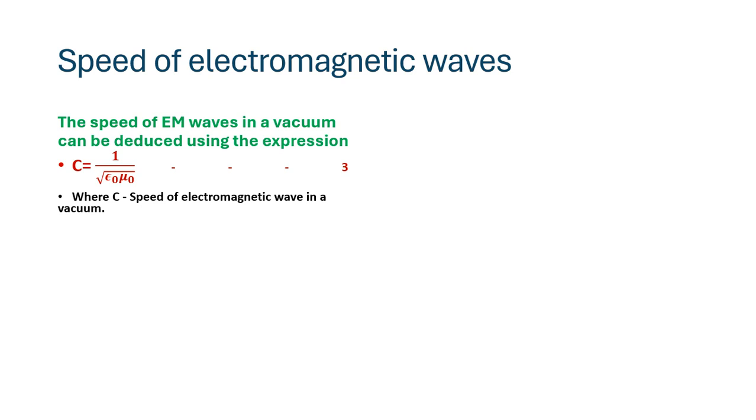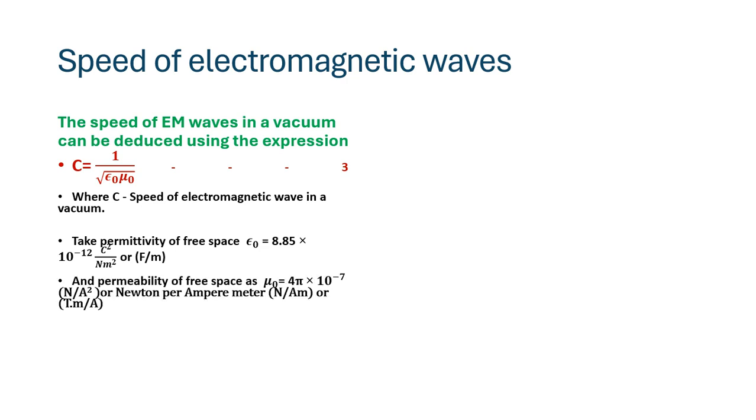Where c is the speed of electromagnetic wave in a vacuum, take permittivity of free space, a constant, to be 8.85 times 10 to the power minus 12 Coulomb squared per newton per meter squared.